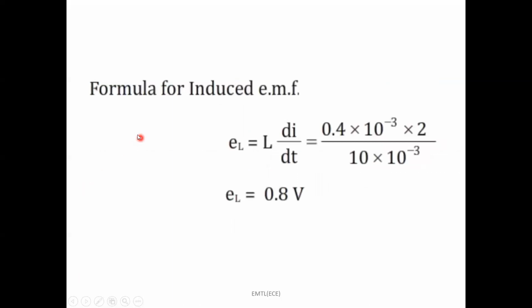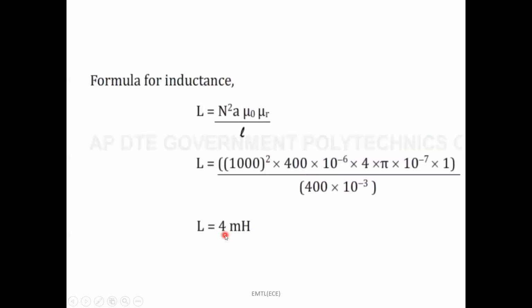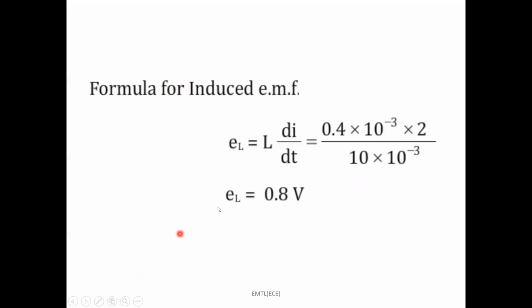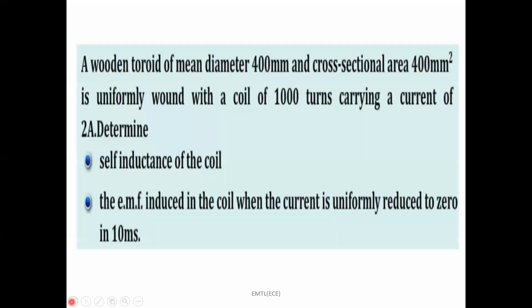And again, we still have to find the induced EMF. The induced EMF is expressed as L dI by dt. Here the L value is 4 millihenry, that means 4 × 10^-3. The rate of change is given in the problem: the current is reduced to 0 in 10 milliseconds.